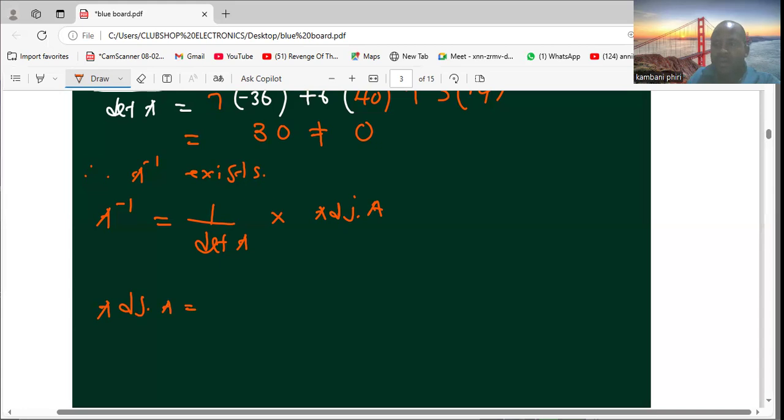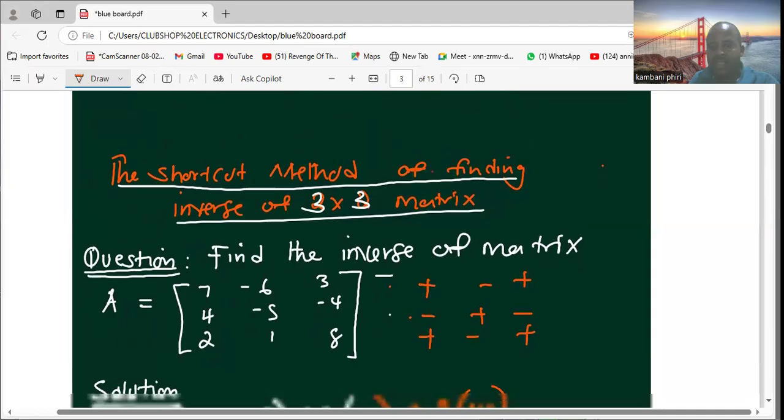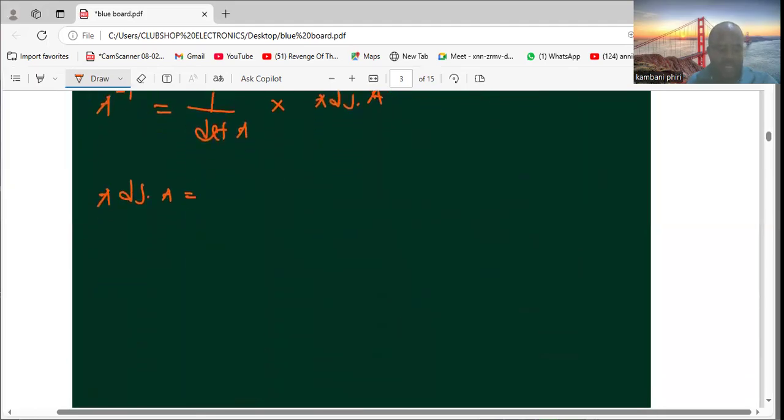The first thing is to rewrite the whole matrix that we have been given, the way it is. So the matrix is 7, 4, 2, -6, 5, -5, 1, 3, -4, and 8.